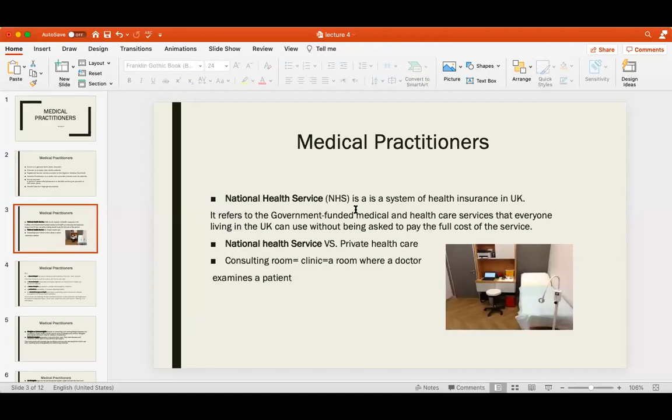It refers to the government-funded medical and healthcare services that everyone living in the UK can use without being asked to pay the full cost of service. So for the National Health Service, they provide medical service for a very low fees, all right? In contrast to or versus the private health care.